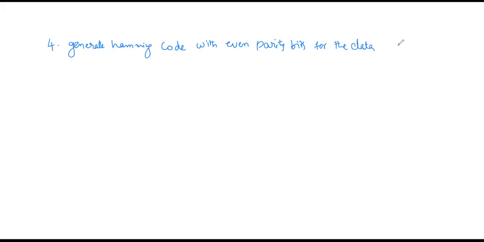Fourth question in the assignment is generate Hamming code with even parity bits for the data 10110.